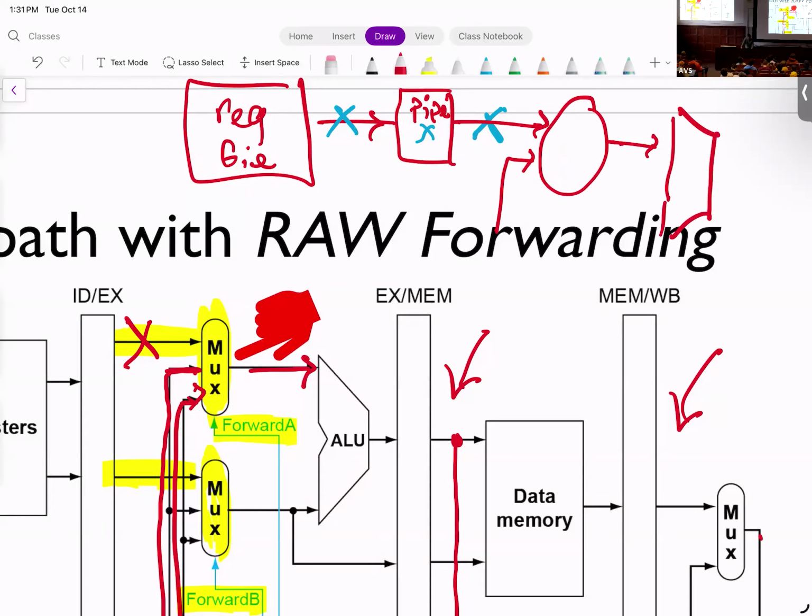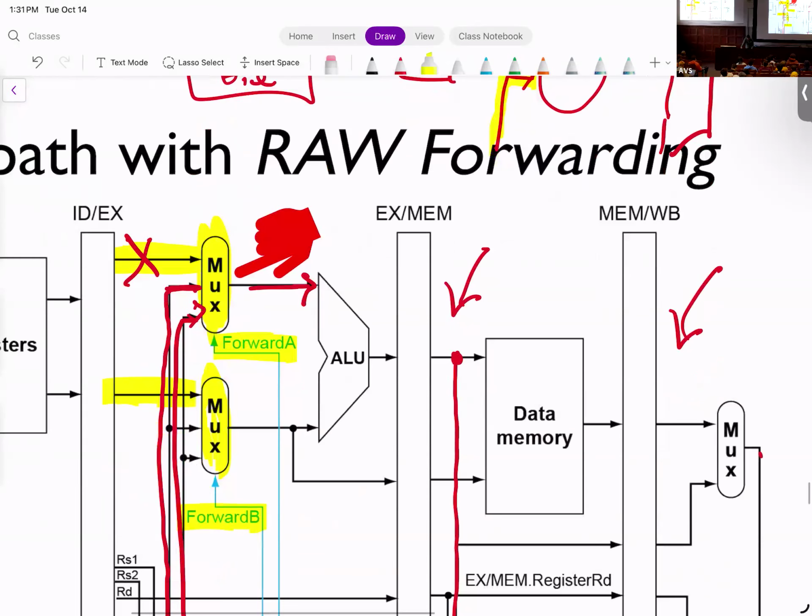Where is this value coming from? This value is coming either from this stage, from this register, or from this register. These are the registers that have the updated value of X5, because in the previous cycle, X5 was actually updated, as I have it here.